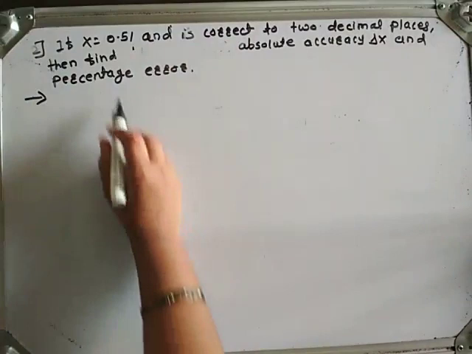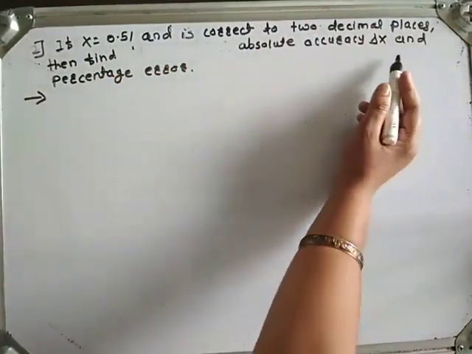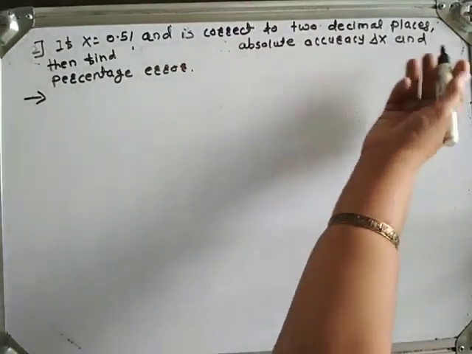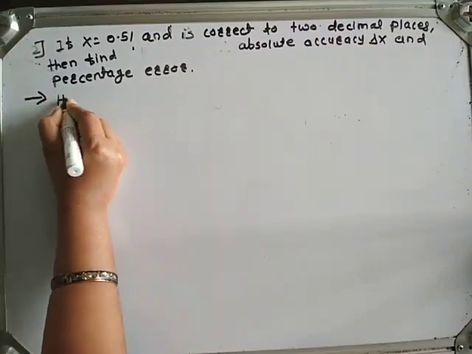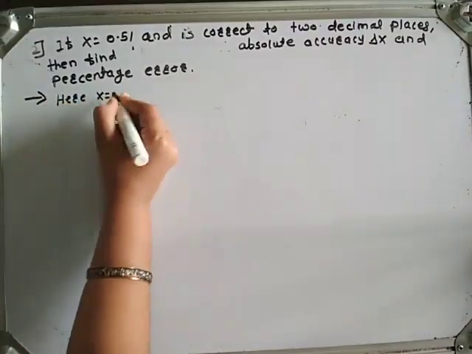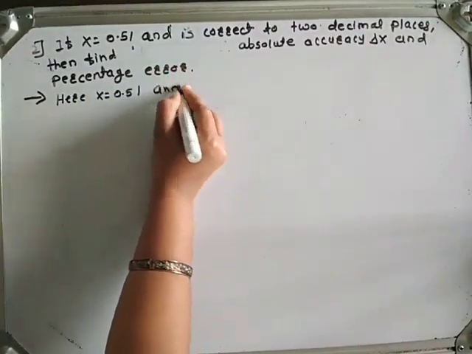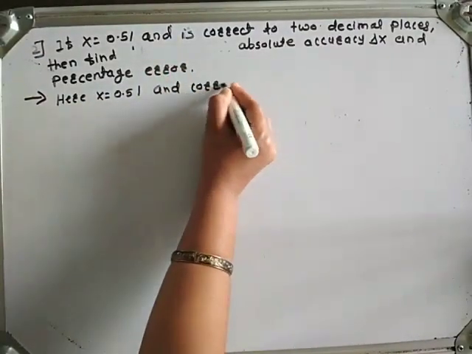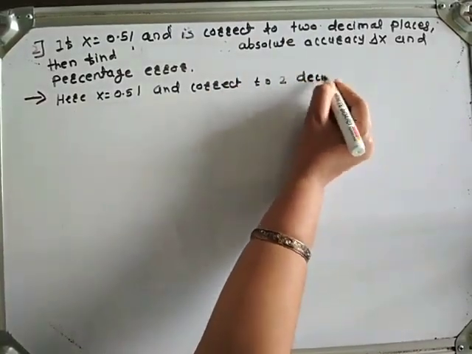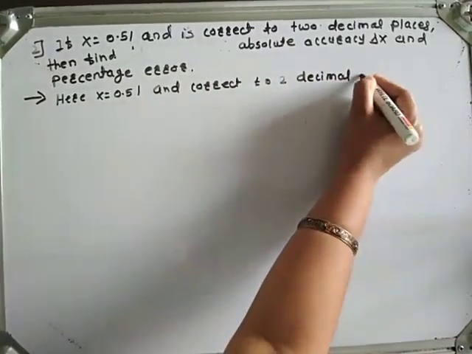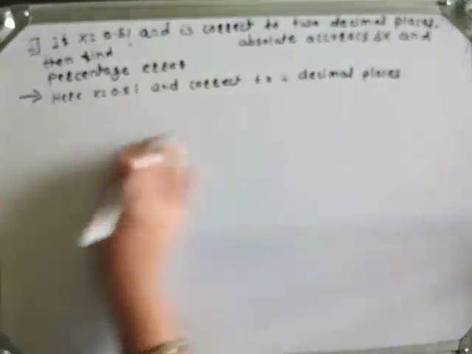See here, x is equals to 0.51 and is correct to 2 decimal places, that is, it is rounded to 2 decimal places.